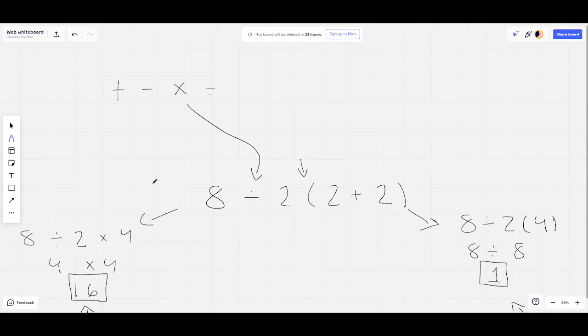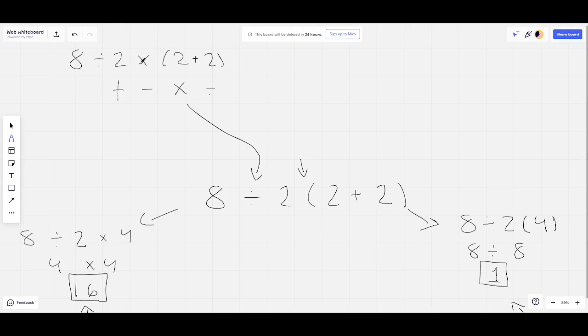So using these four symbols, we would actually rewrite the problem like this. 8 divided by 2, and then make sure to use this symbol before you put the parentheses in. Because generally, at this level of mathematics, where you're first learning order of operations, you're not going to use parenthesis multiplication because that's confusing.